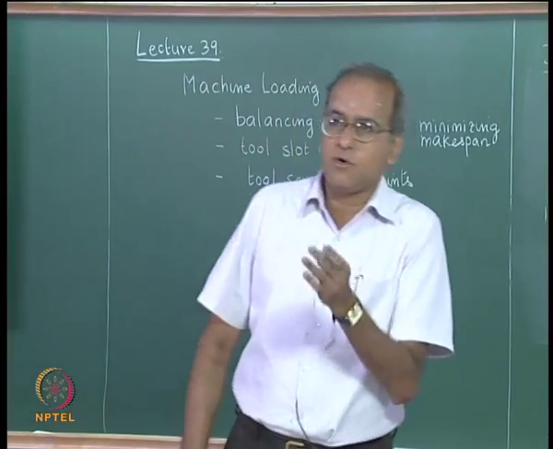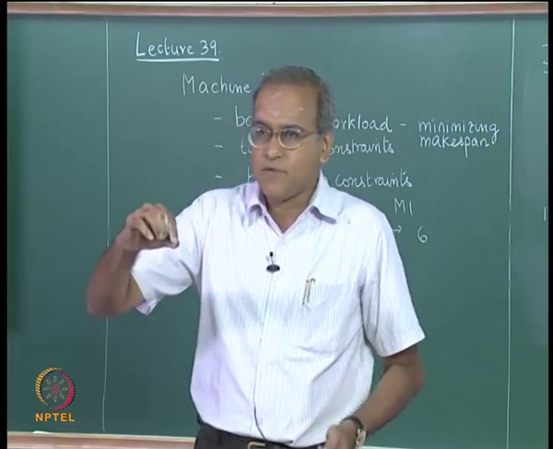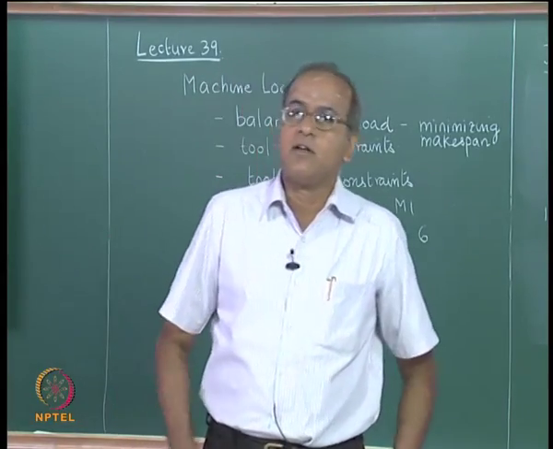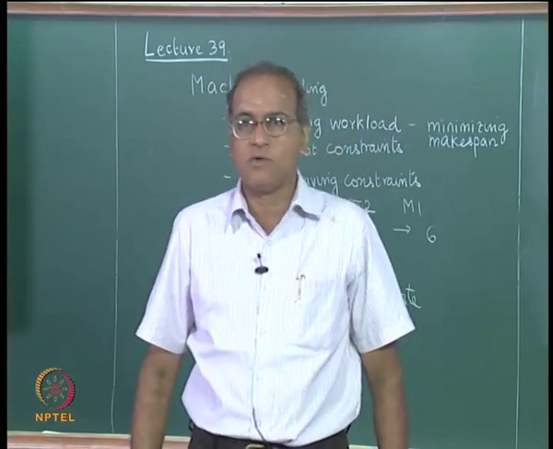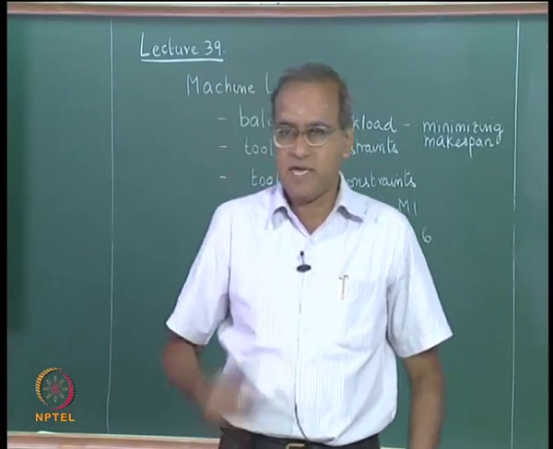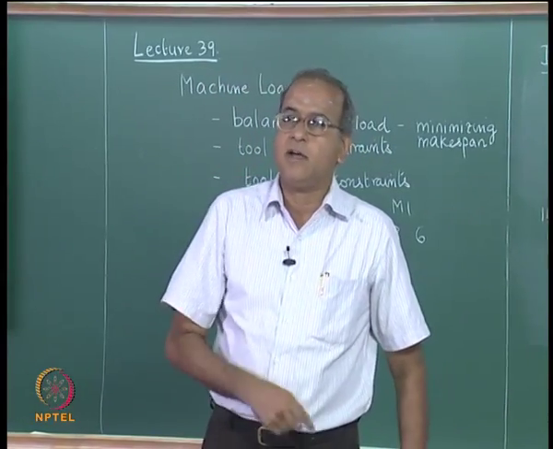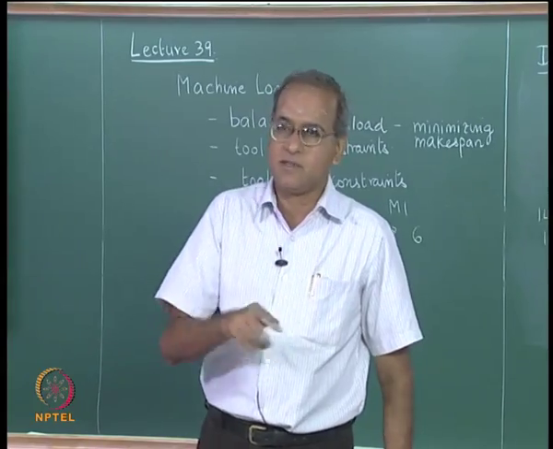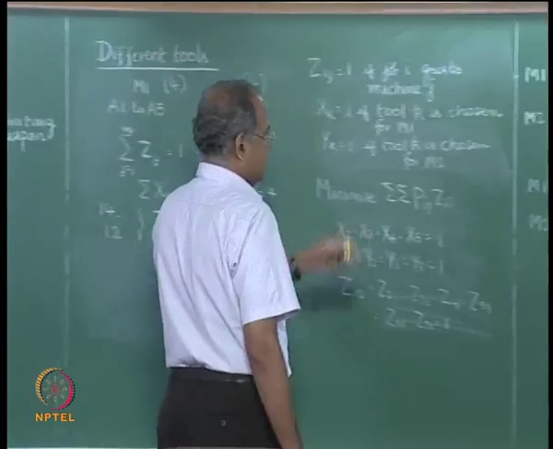But if all the tools are not there on a particular machine and some tools have to be added, then we go by the least processing time and see if we can add the tools and put it there if there is enough space. Otherwise, we go to the next least processing time and we keep proceeding using this algorithm till we are able to allocate all the jobs.